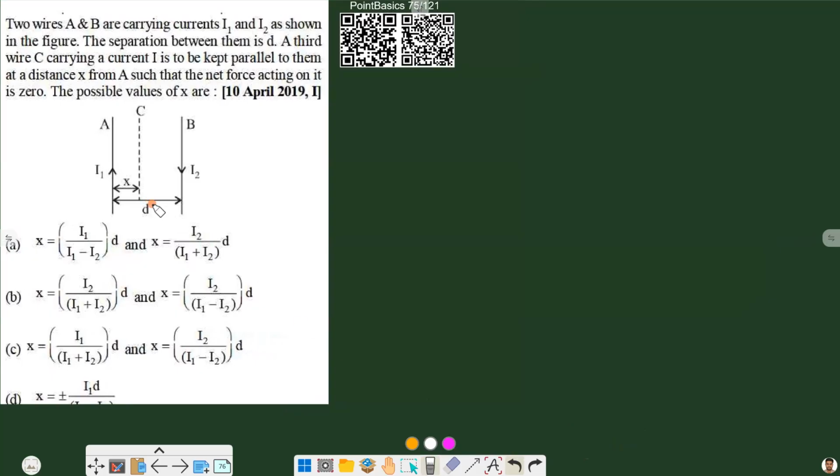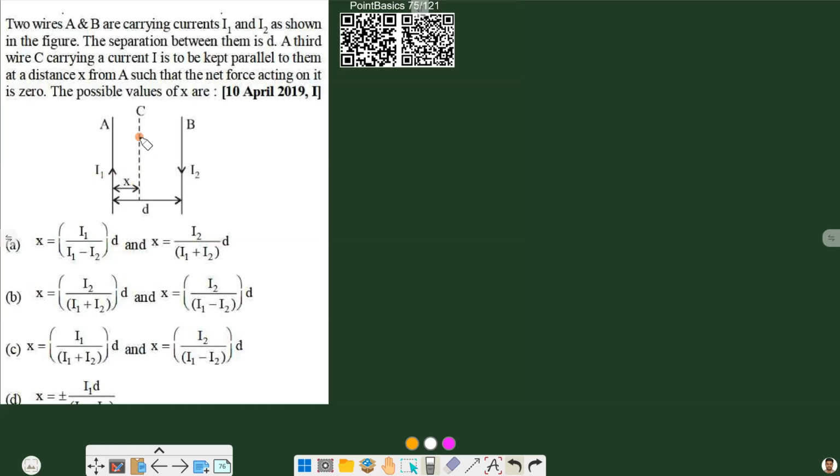Now as we have to place the third wire in a balanced condition, the current in the third wire will be parallel to one of these.